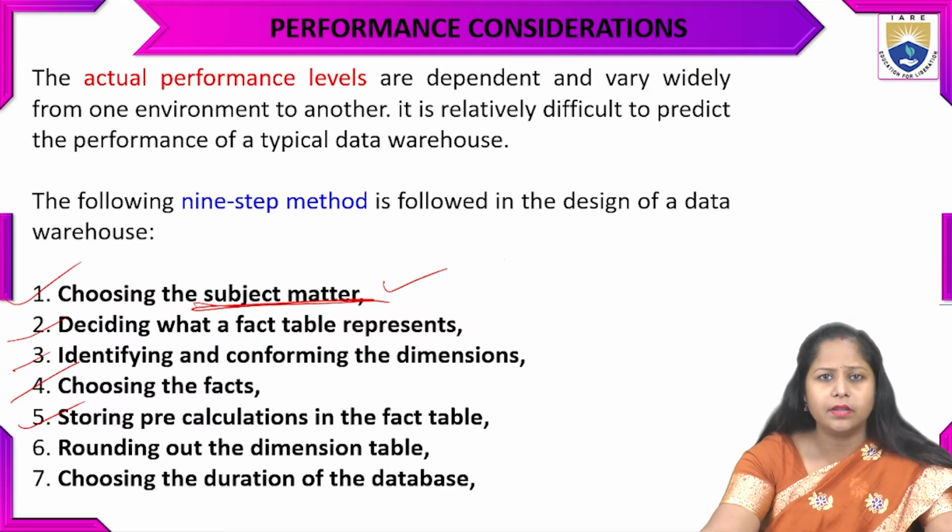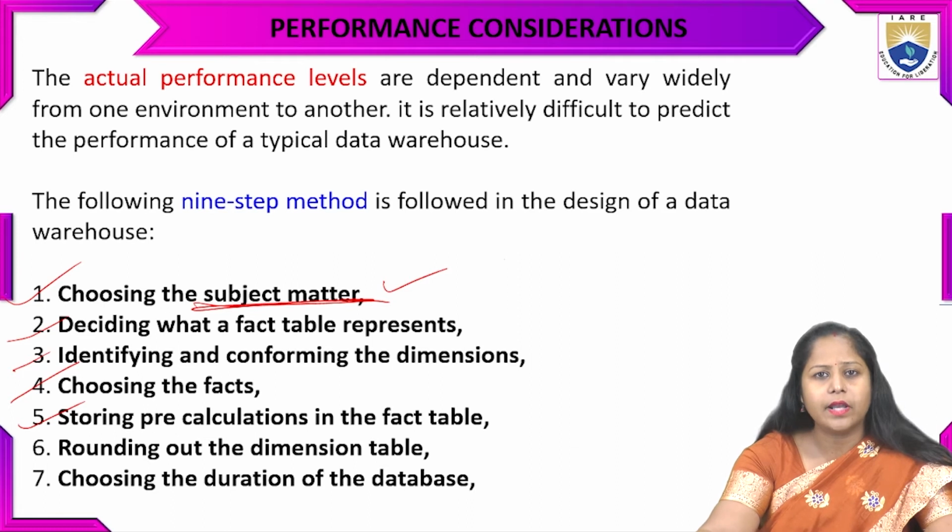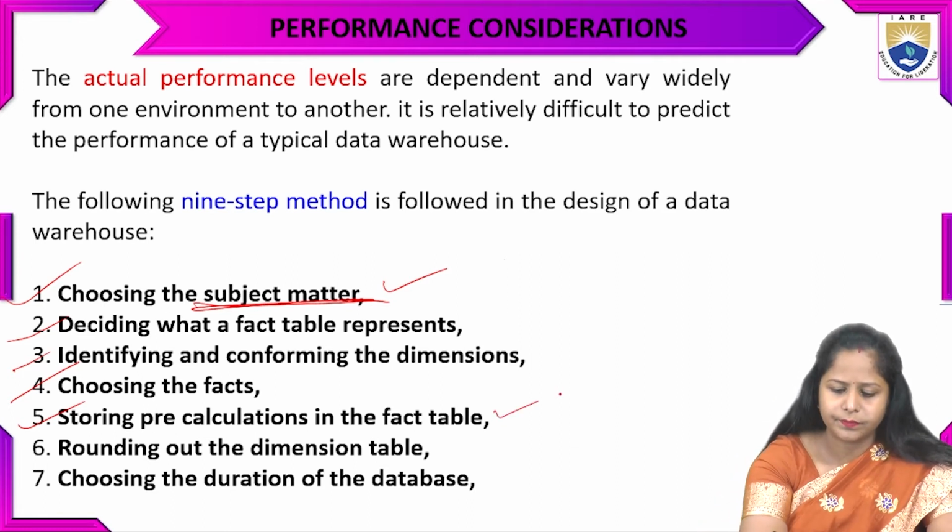That can be calculated from the fact table. Because of the fact table, we can have the different attributes, we can have different keys, so that we have the idea and the knowledge of the values and facts.